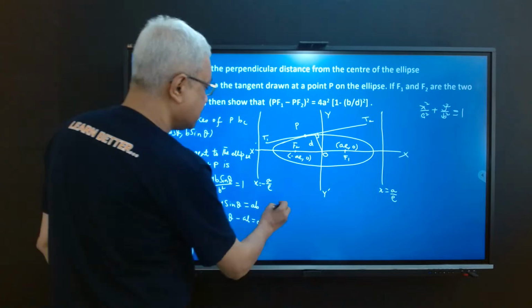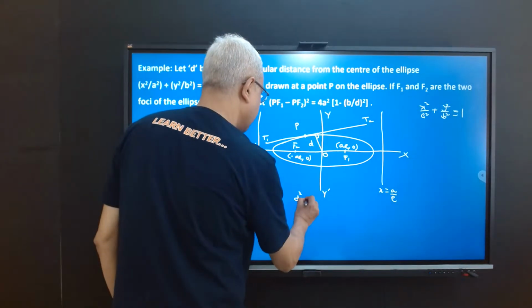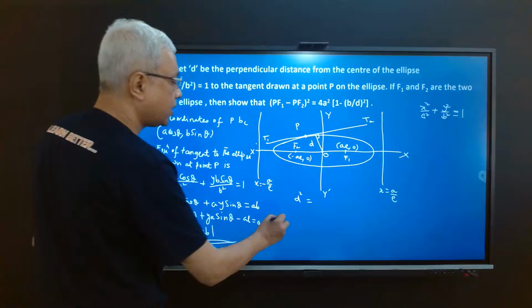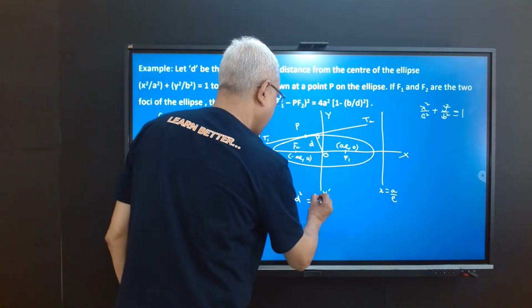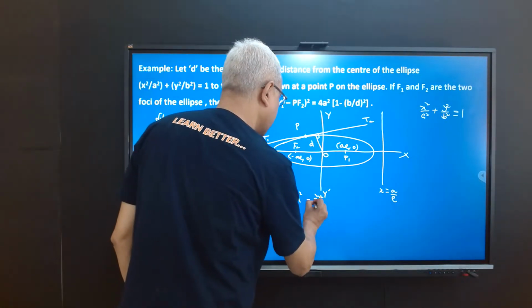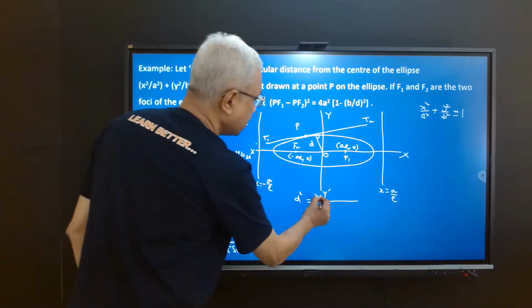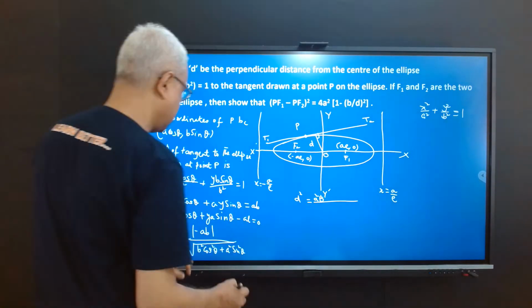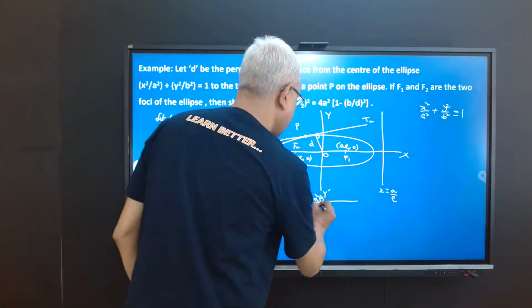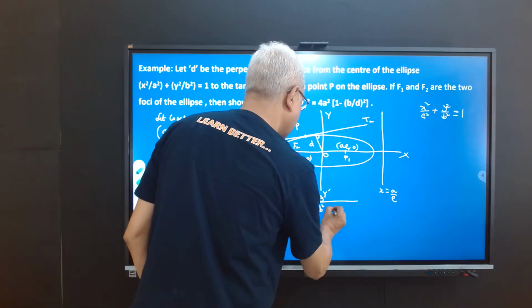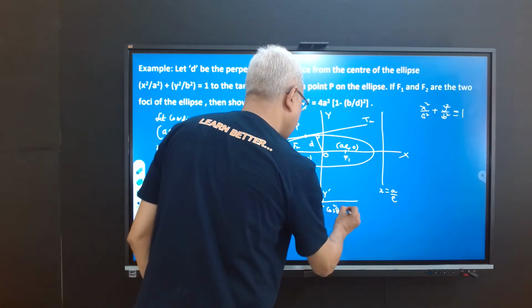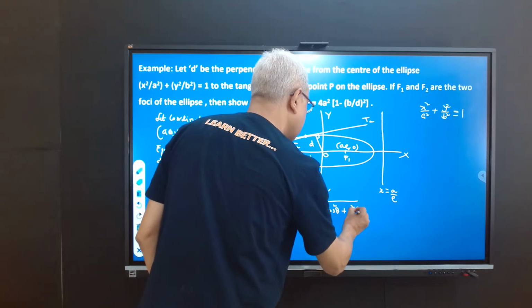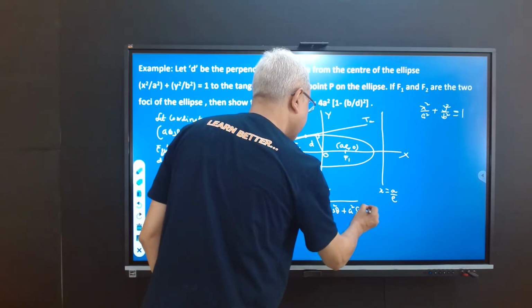Or I can write D square is equal to a square b square divided by b square cos square theta plus a square sin square theta.